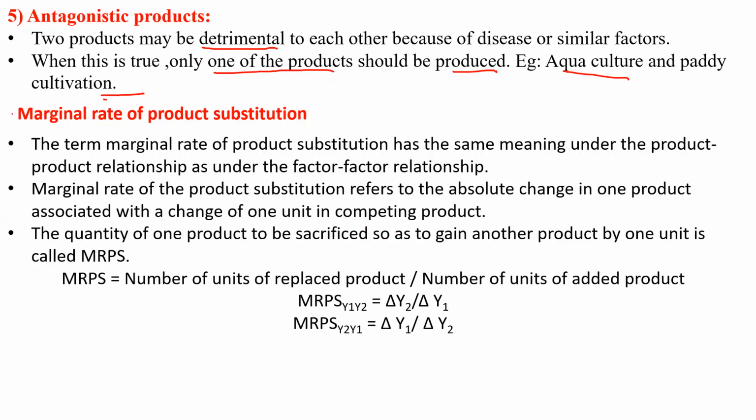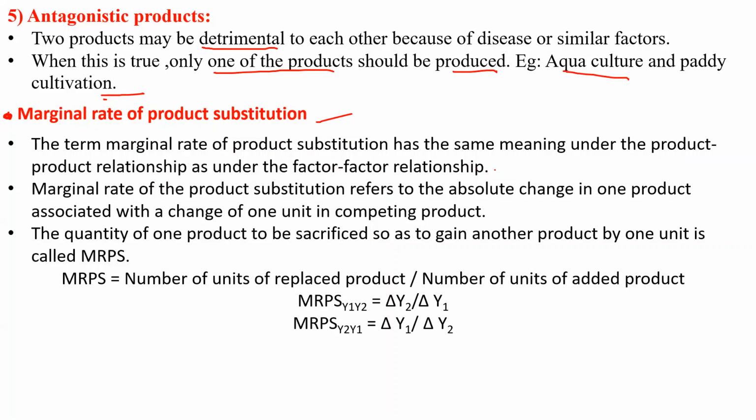Then next we have the main concept in product-product relationship, which is marginal rate of product substitution. The term marginal rate of product substitution has same meaning under product-product relationship as factor-factor relationship.